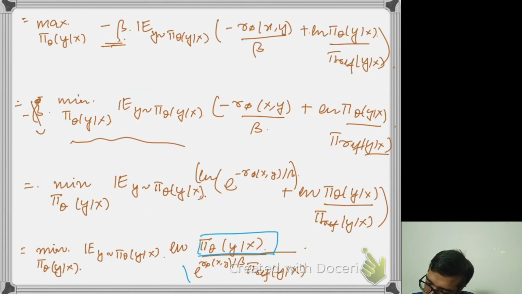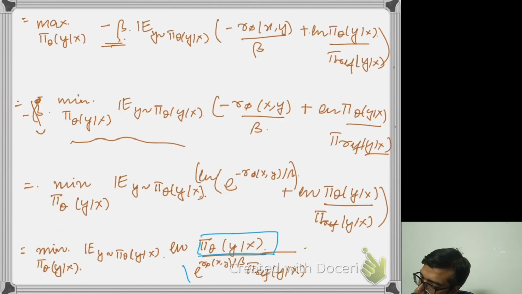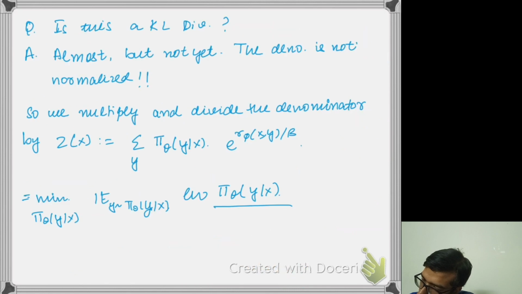minimization over pi theta y given x, expectation of y sampled from pi theta y given x, log of pi theta y given x over, okay, in the denominator when I normalize I need to sum over y exponential of r phi xy over beta times pi ref y given x. So there's a typo here.